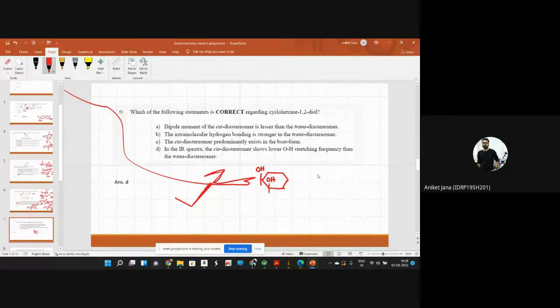Okay, so this is the cis isomer. So in the cis isomer, one OH group is equatorial and one is axial. And in case of the trans isomer, it can have both conformations, that is di-equatorial and di-axial.